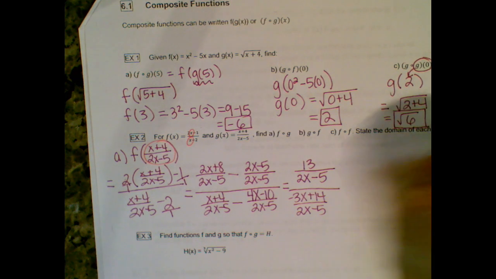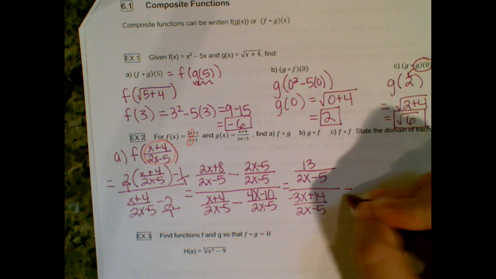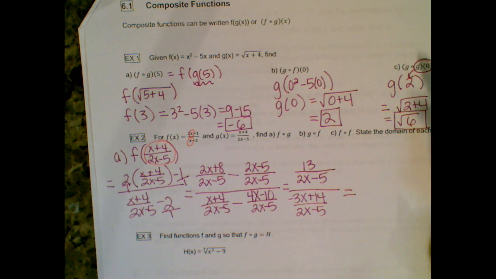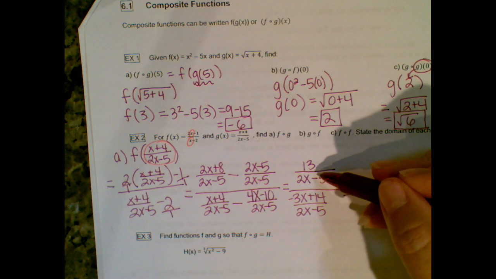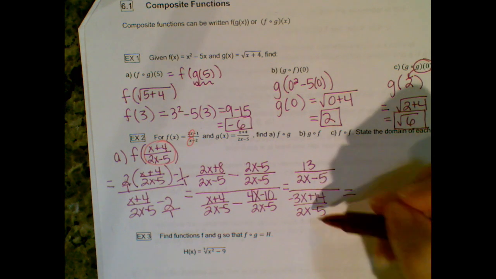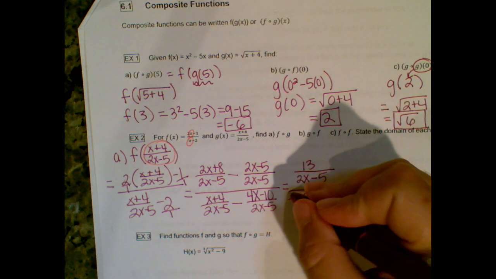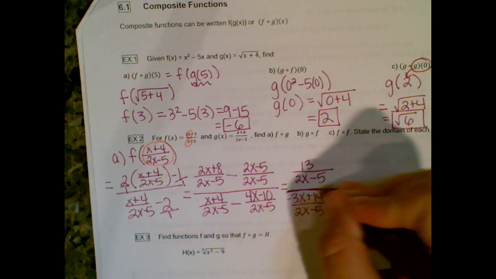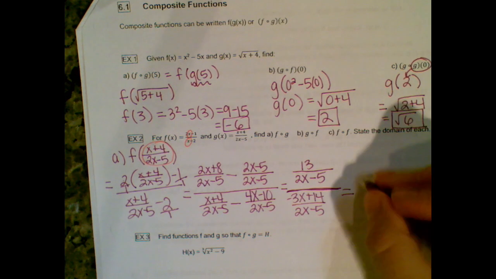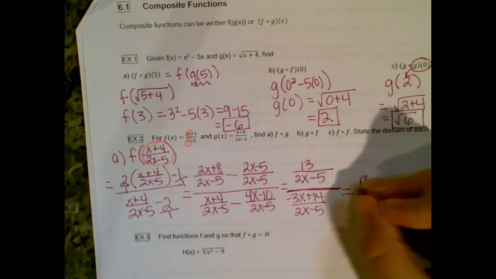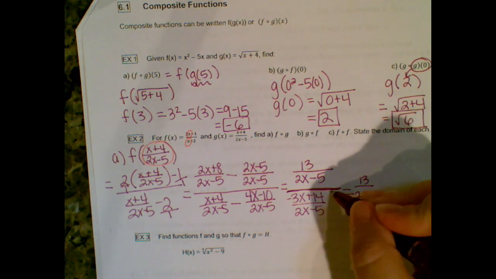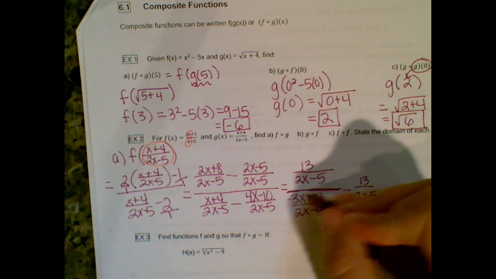So I realize that now you might think you're done, but we're not done. We have simplified the numerator as far as it'll go. We did the same with the denominator. But remember that fraction bars are the division operation. This is saying to do 13 over 2x minus 5 and divide it by this fraction.